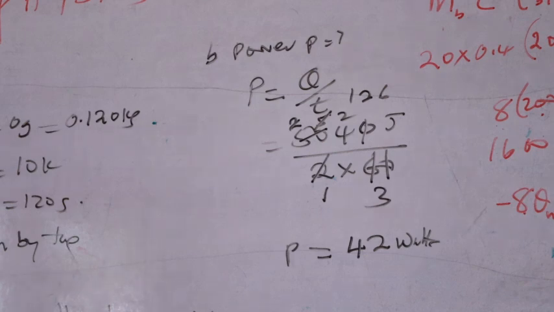Then the C part says the heat supplied to 70 grams of water. Heat supplied to 70 grams of water. Now remember, you are told that the 70 grams of water is kept where? In a metal vessel.